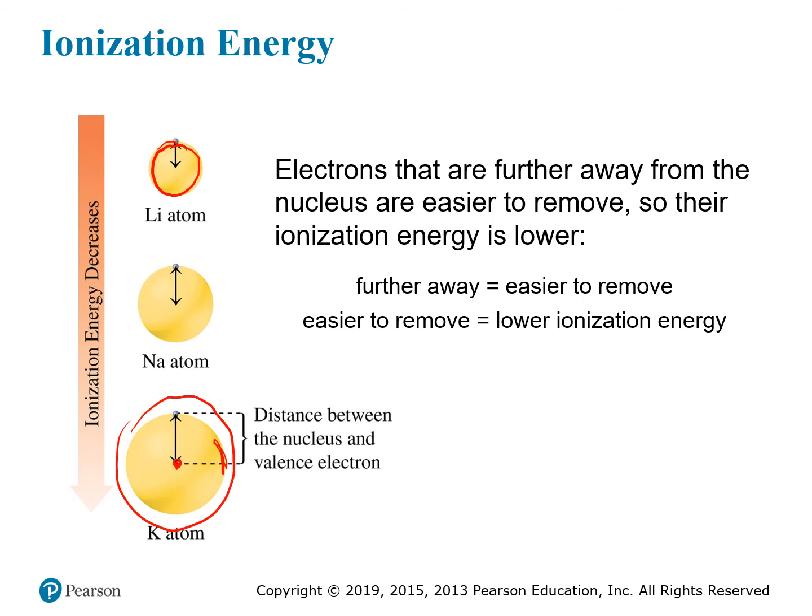So the lithium electron is going to be more strongly attracted to the nucleus, and so it's going to have a higher ionization energy. Okay, so in any group of the periodic table, the higher ionization energy is at the top. Okay? And the lower ionization energy is at the bottom.